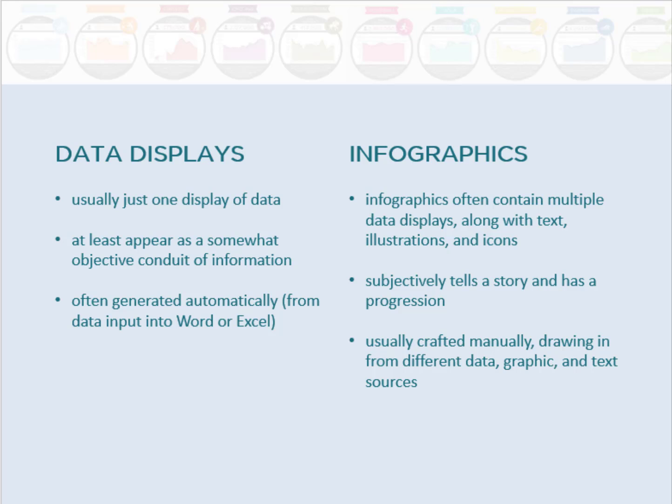They're often generated automatically from data input into Word or Excel or pulling data from a dashboard. Infographics, on the other hand, often contain multiple data displays and usually combine text, illustrations, and icons. Infographics typically subjectively tell a story and have a progression of information, and infographics are usually manually compiled and created.